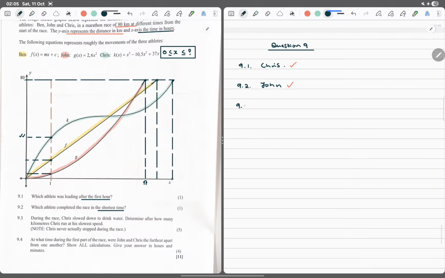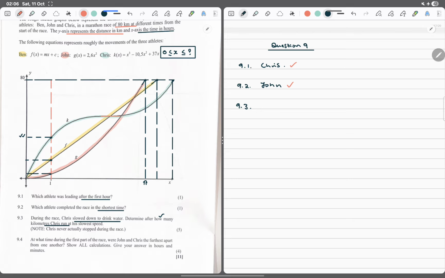And then we've got 9.3. It says, during the race, Chris slowed down to drink water. So Chris is K. Determine after how many kilometers Chris ran at his slowest speed. Now, if you look at this function of Chris's, it doesn't seem to have turning points. This is somewhat horizontal at this level.